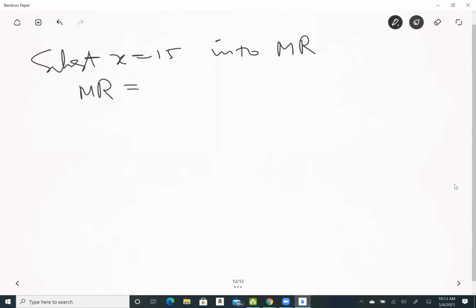Equal to, you see there, 110 plus 500 divided by x squared, so 3x plus 5. So I have 315 plus 5 squared.